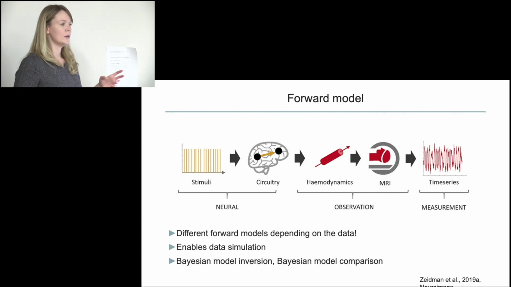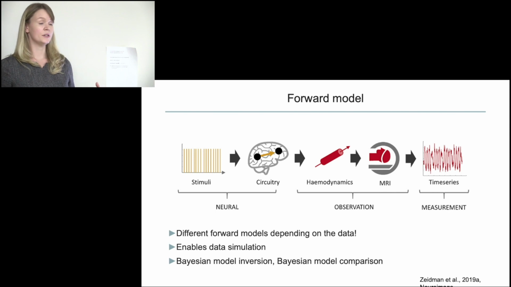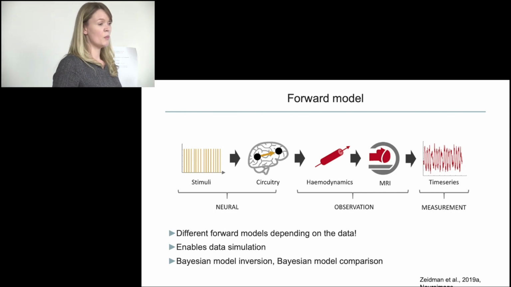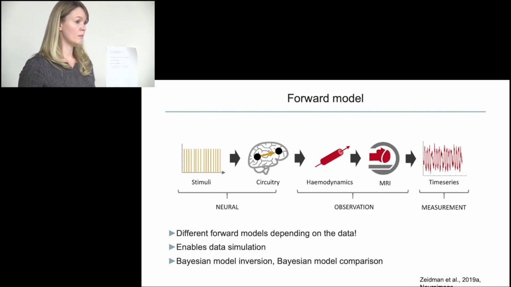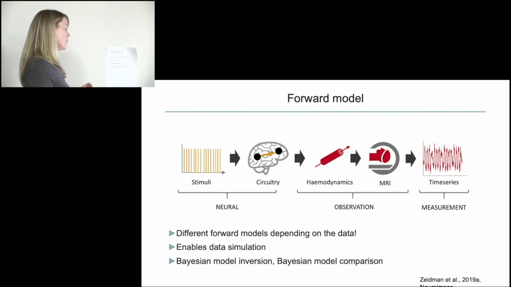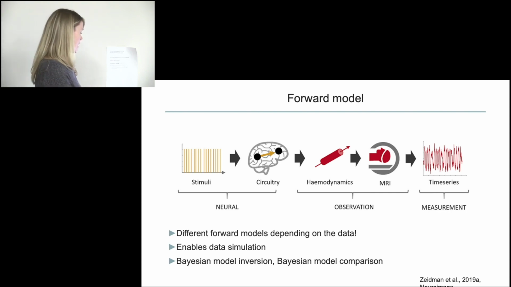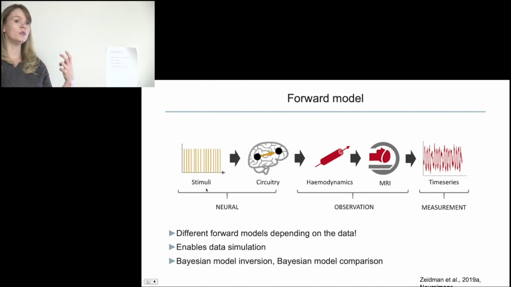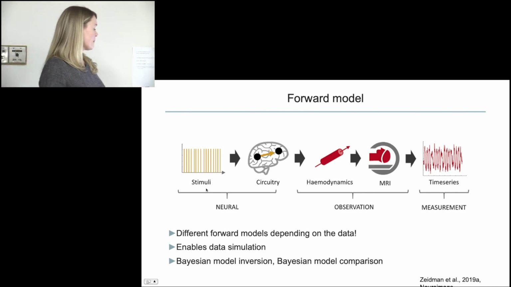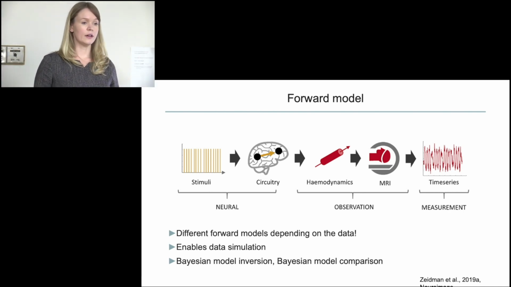Especially in fMRI, what we measure is some approximation to brain activity, which is the BOLD signal, plus we are measuring a bunch of noise. And DCM takes this into account by having one model that includes all these different elements. And what we just specified is the neural model that gives rise to the actual true neural activity. This is what we are actually interested in. And this is what we will later look at.